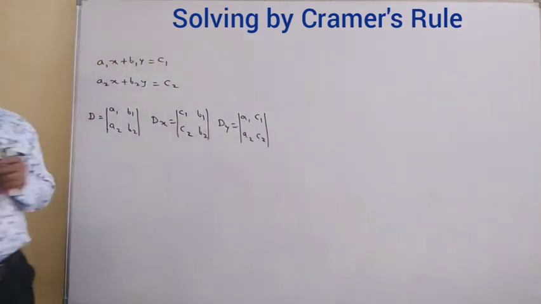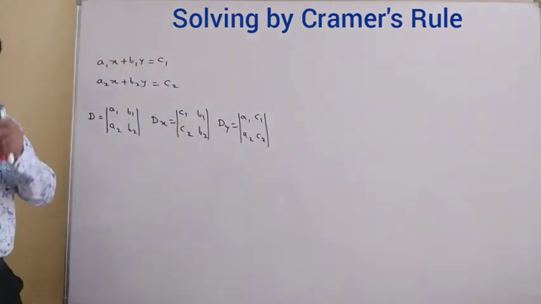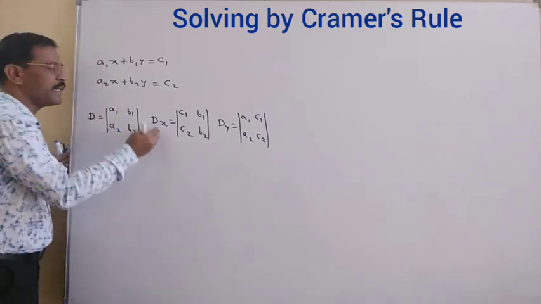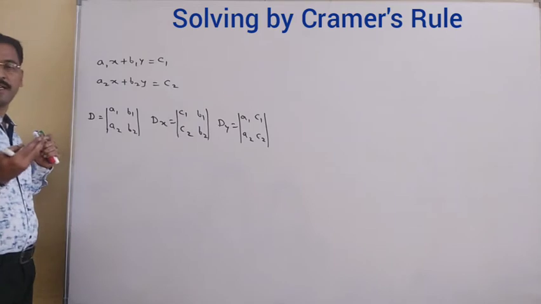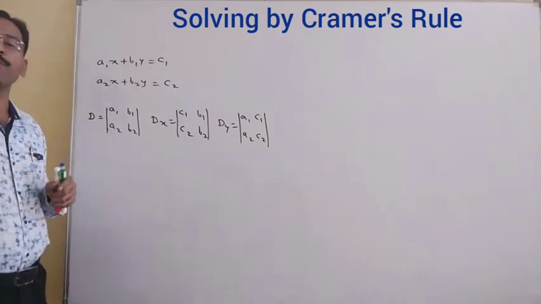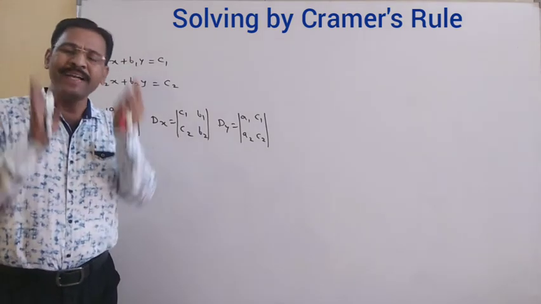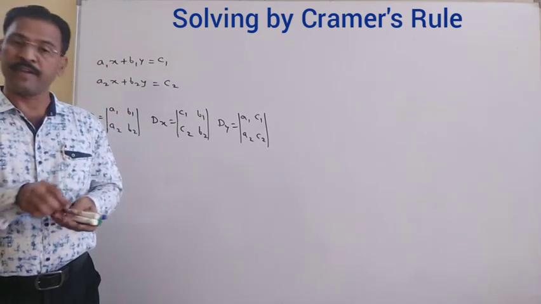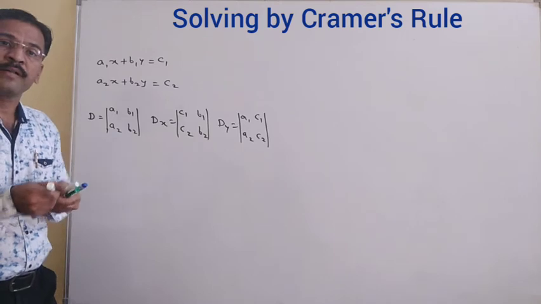But sometimes we can make mistakes here. We cannot understand exactly which coefficients we have to take for D, Dx and Dy. For that reason, we are going to make some ideas to remember, or tricks we may say. That one is very important. How can we remember? See here.